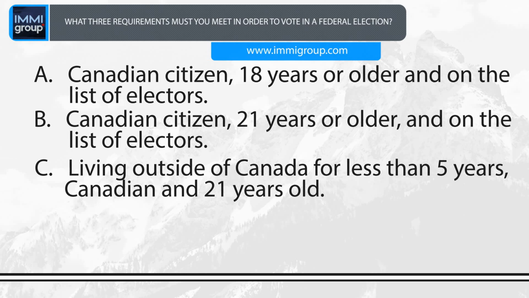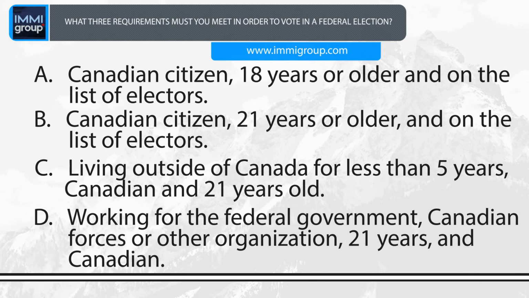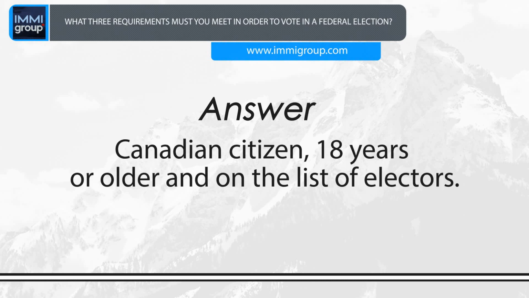C. Living outside of Canada for less than 5 years, Canadian, and 21 years old. D. Working for the federal government, Canadian Forces or other organisation, 21 years, and Canadian. Answer: Canadian citizen, 18 years or older, and on the list of electors.